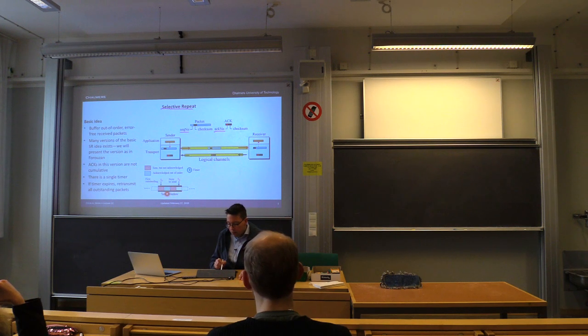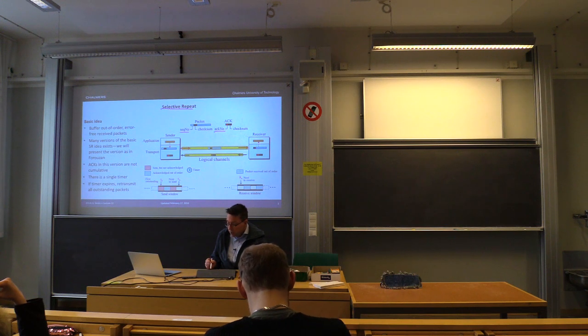But then there is also a grayish-bluish packet here, and that's a packet which has been sent and has been acknowledged. So we know that this packet has arrived at the receiver. However, we don't know if it has been delivered yet or not, but it will be delivered eventually. So there is no need to retransmit this grayish packet from the transmitter's point of view.